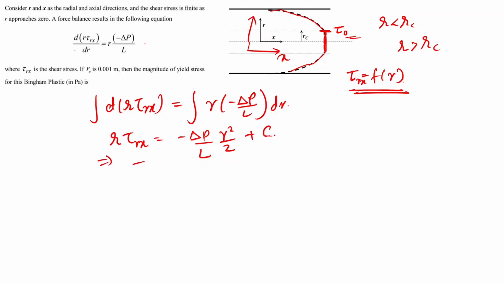So we can also write this as tau Rx is equal to minus of delta P upon 2L R plus C upon R. Now from the given information, we need to find the value of this constant C.